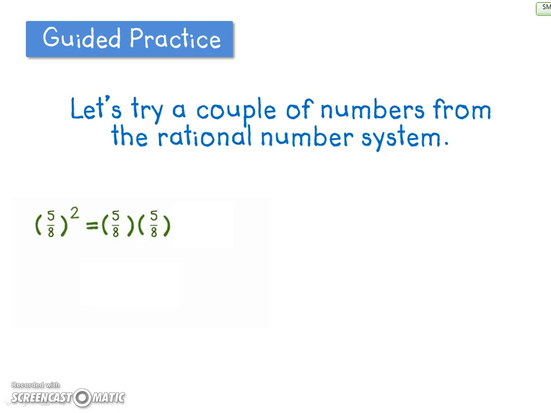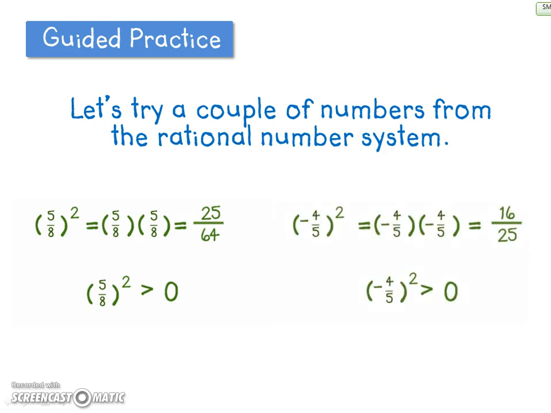When you multiply fractions, you multiply numerator by numerator and denominator by denominator. Essentially, you multiply across. So we get a result of 25/64. That number is still positive. One more example, (-4/5) squared. We also get a positive result because a negative times a negative is always going to be positive.